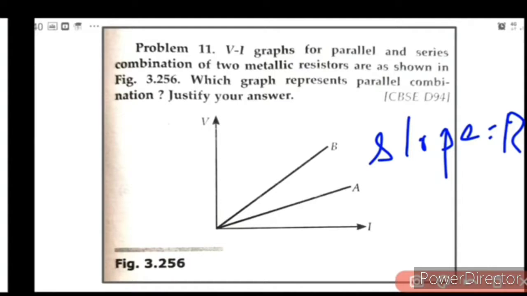In the graph, which graph shows more resistance? Of course it is B, because B has more slope, so B stands for series, and A stands for parallel. The lowest resistance is for graph A, and the answer is A. I'm not showing the answers, I explained.